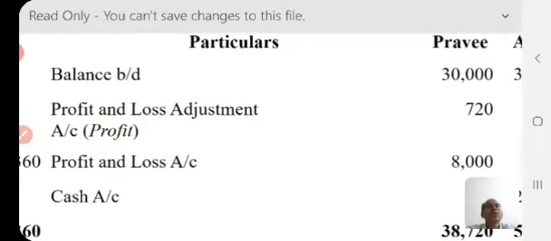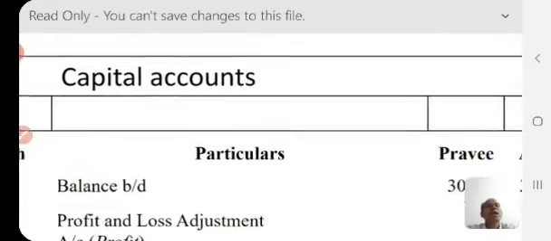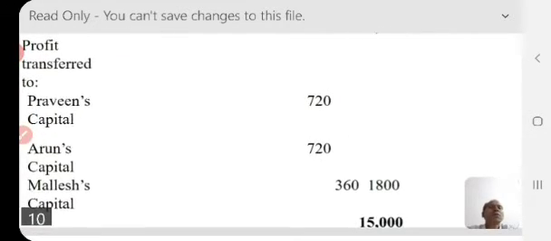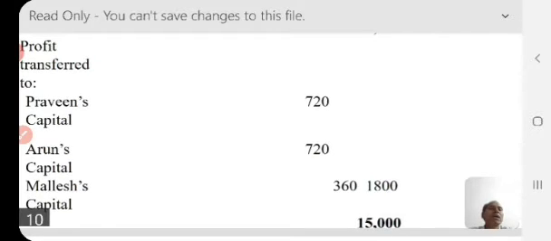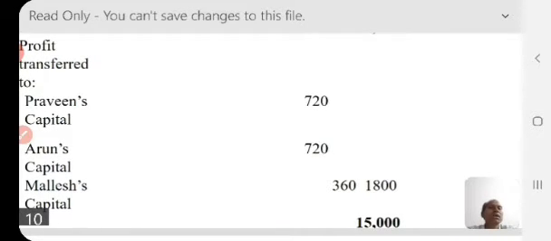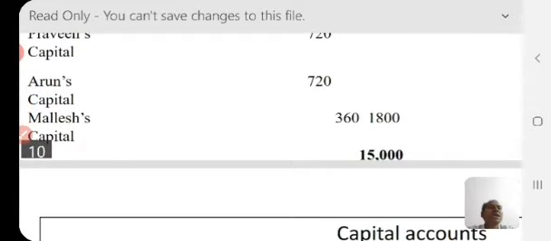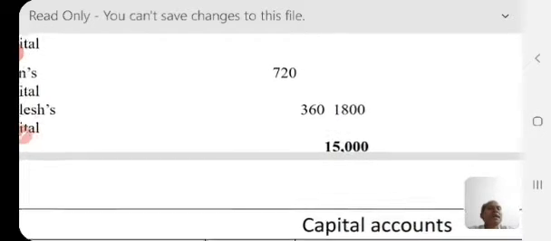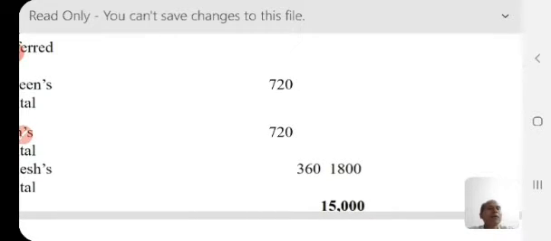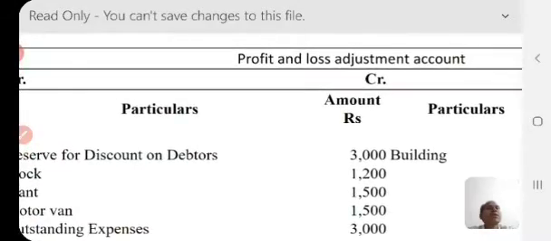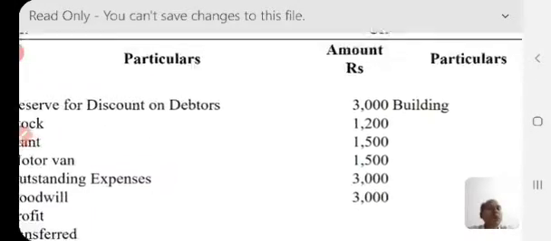Now, just now we have seen the profit and loss adjustment account. In that, the profit for Praveen is 720 rupees, Arun 720 rupees, Mallesh 360 rupees. 1800 is the profit. These should be recorded in the capital accounts. That is, profit and loss adjustment account debit to capital account.